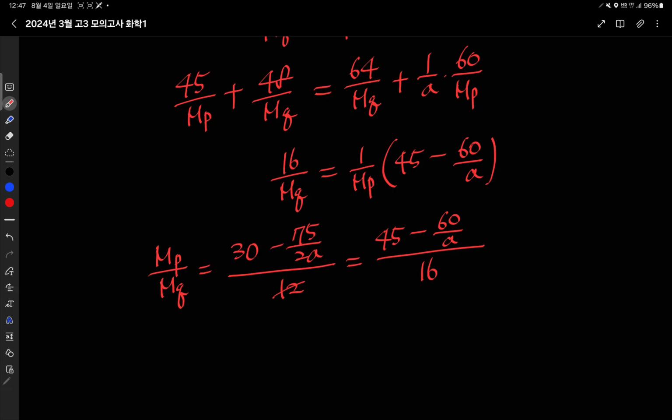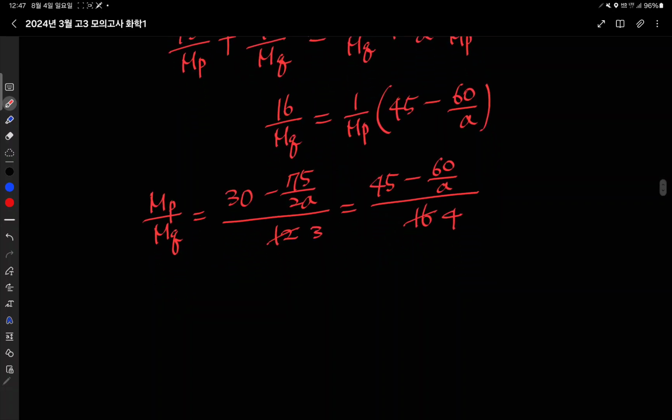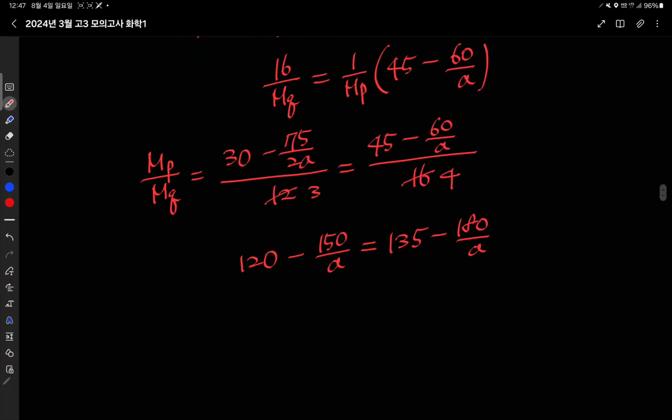And then we can simplify these two ratios. Let's make the cross product. So 120 minus 150 over A is equal to 135 minus 180 over A. So that means 30 over A is equal to 15, and that means the value of A is 2.